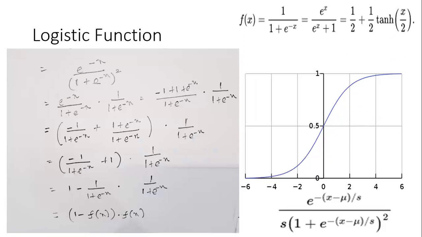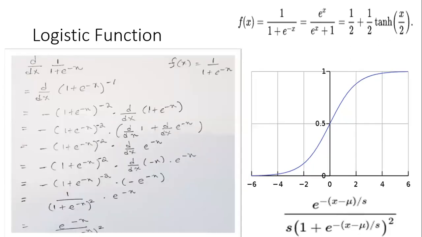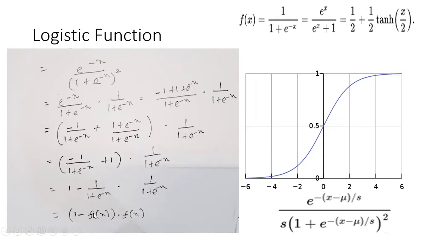So we are just taking it onward from there. This is where we stopped in the last slide. For the derivatives, I just continue to change the notation, and in the end it becomes something like this: 1 minus f of x dot f of x. So the derivative of the logistic function can be written as 1 minus the logistic function dot the logistic function, which is 1 over 1 plus e to the power minus x.